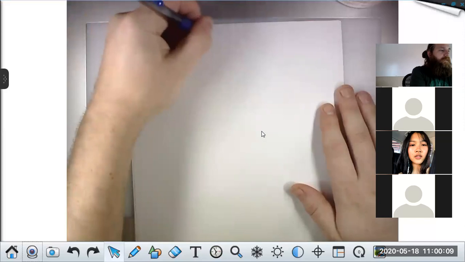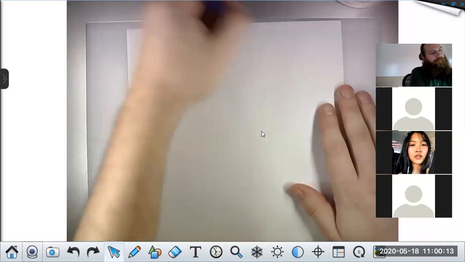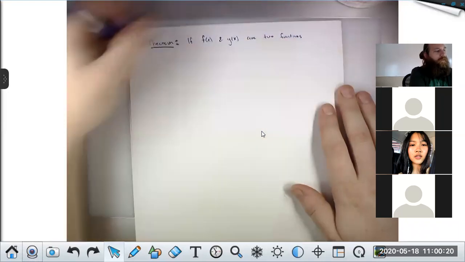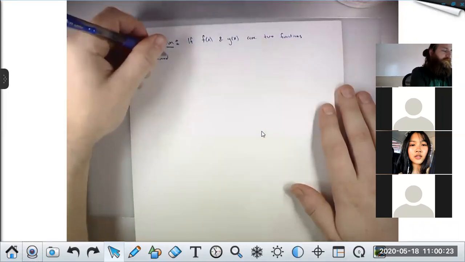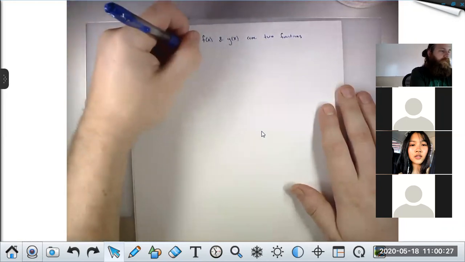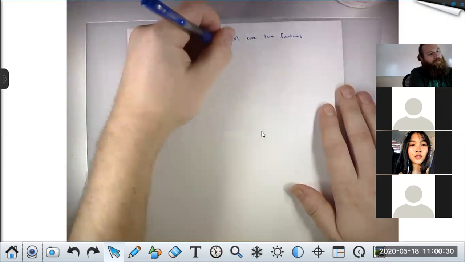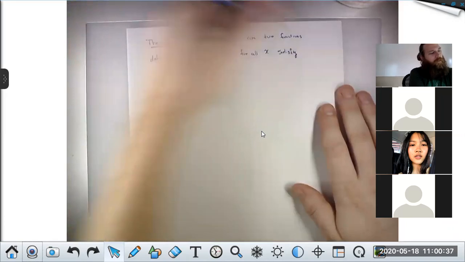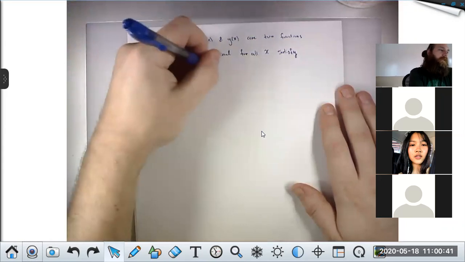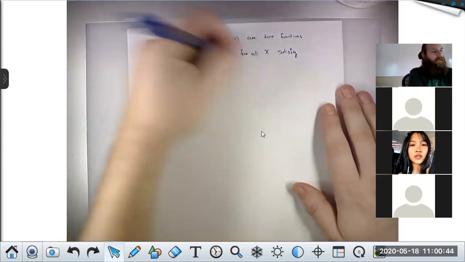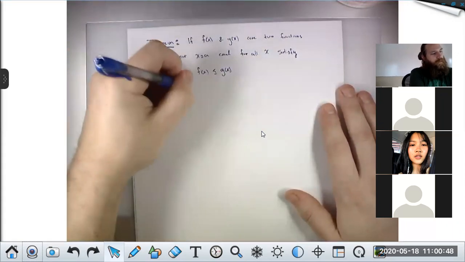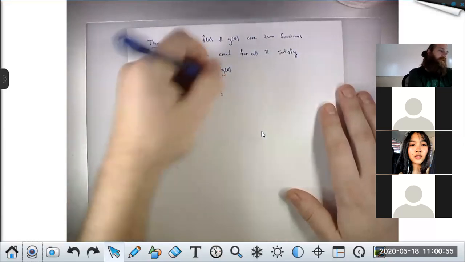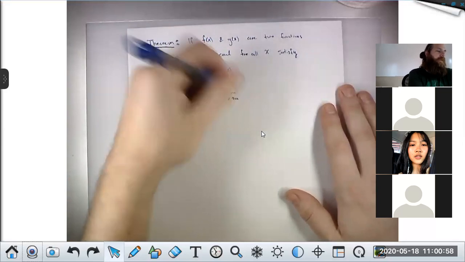If f of x and g of x are two functions defined near A, and for all x satisfy f of x is less than or equal to g of x, then the limit as x approaches A of f of x will be less than or equal to the limit as x approaches A of g of x.